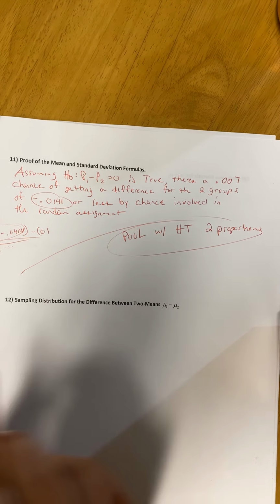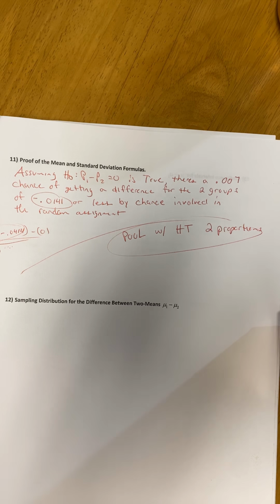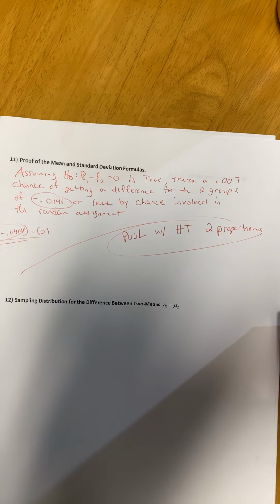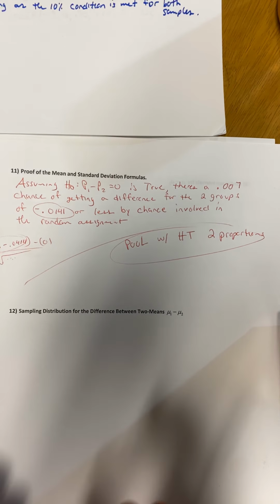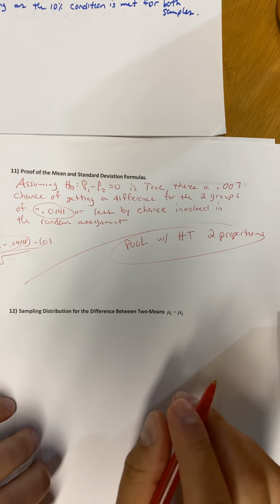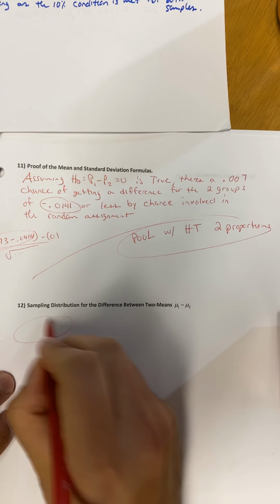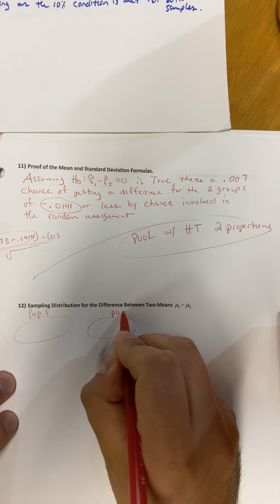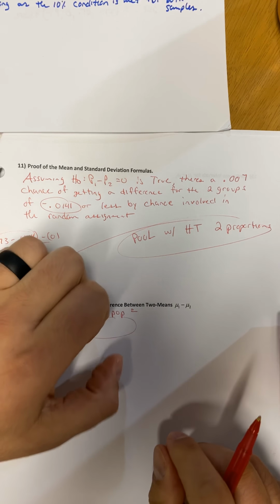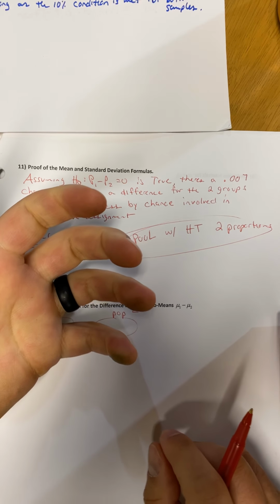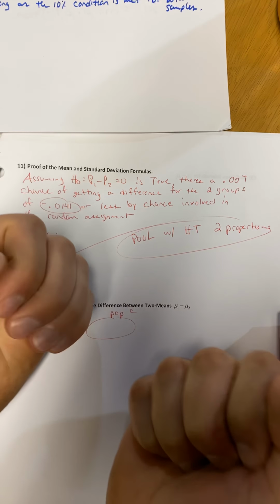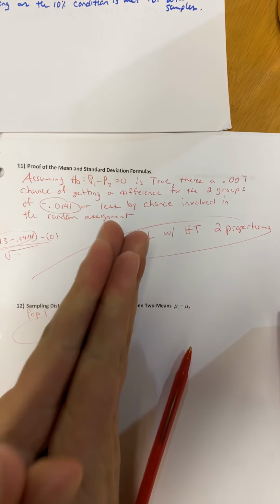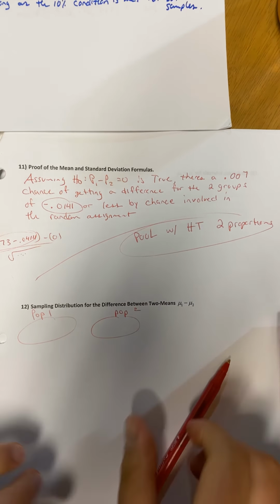So sampling distribution for the difference of two means. With this situation, you got two populations. So you grab a sample from this population, find the average. Grab a sample from this population, find the average, subtract them, plot it.